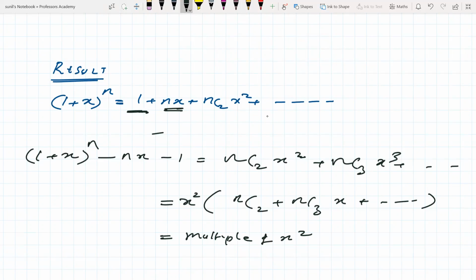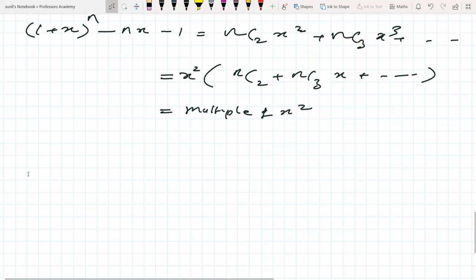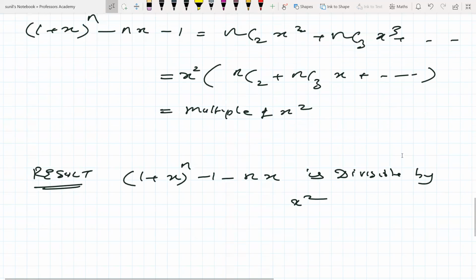So the concept we are getting from here is that 1 plus x power n minus nx minus 1 is a multiple of x square. Or this will be a multiple of x square means we can divide by x square, remainder becomes 0, or 1 plus x power n minus 1 minus nx is divisible by x square.